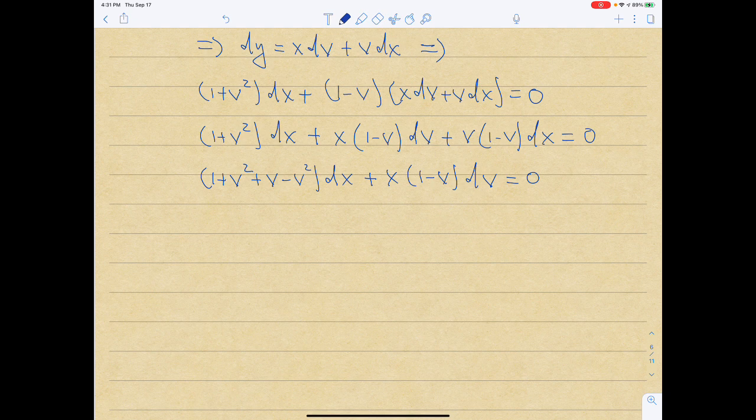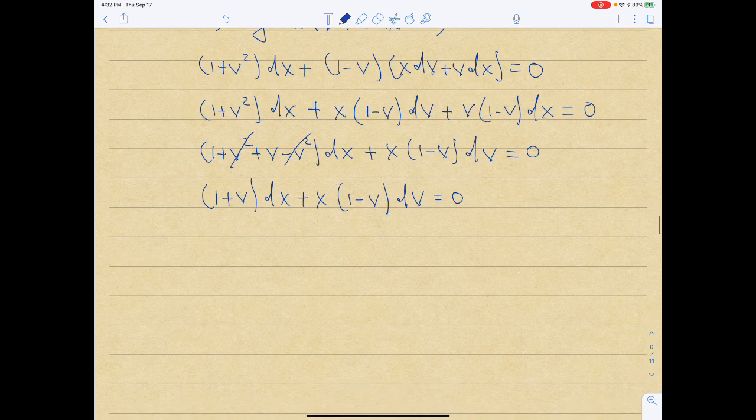All right, and so now we can simplify the first parenthesis, v squared minus v squared, so (1 plus v) dx plus x times (1 minus v) dv is 0.